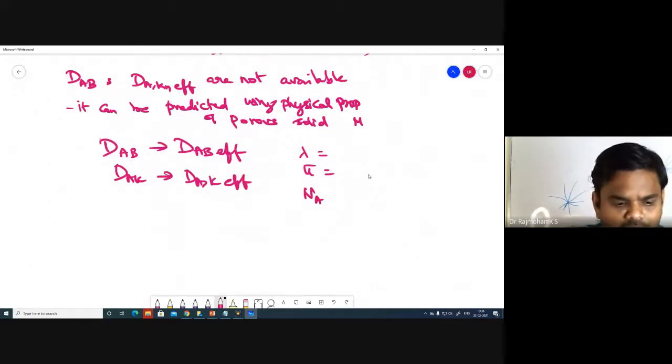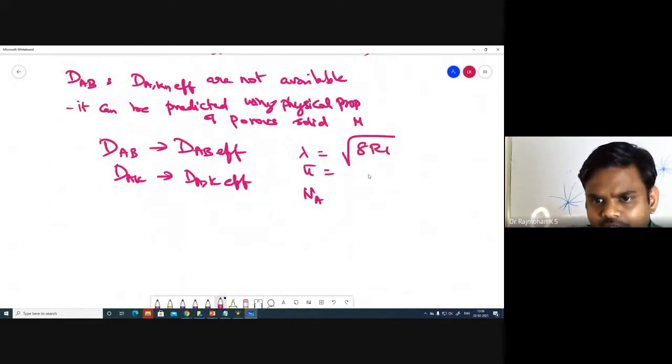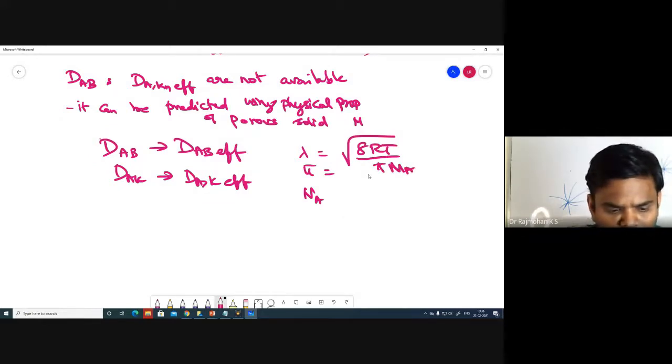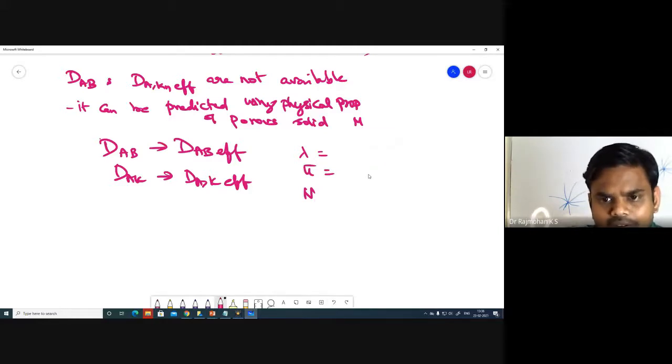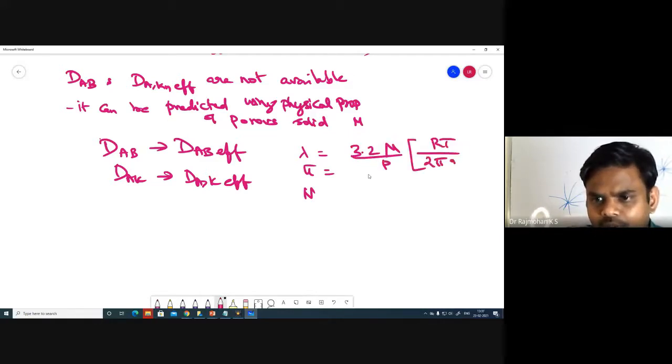I'll just recall it. The lambda value we determined using 3.2 μ by P into (RT by 2π gc M) to the power 0.5. The U bar value we determined using 8RT by π into MA.